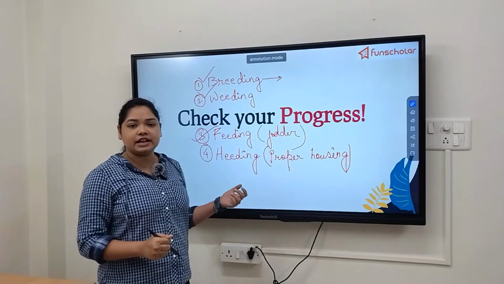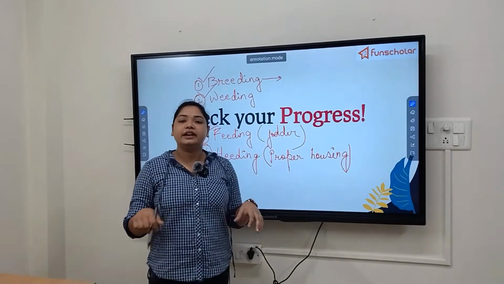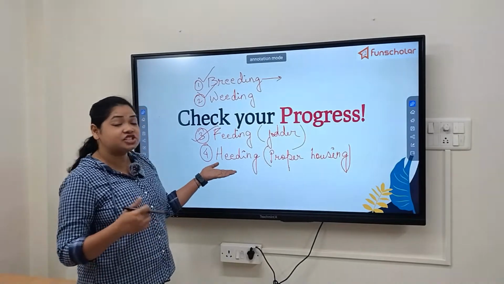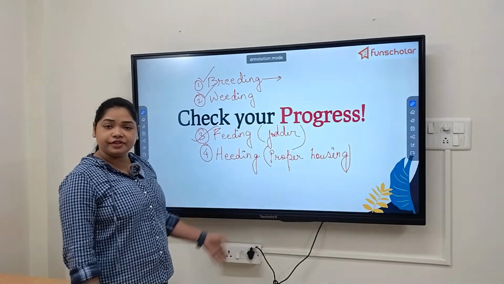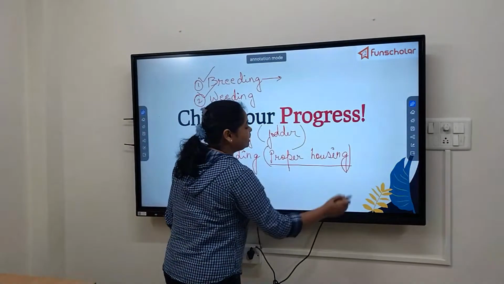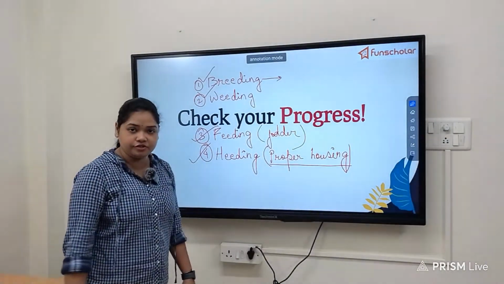Their place should be well ventilated, so that they get proper air. The shed where you are keeping them is very important. That is known as proper housing or heeding. So, these are the 4 basic steps of animal husbandry.